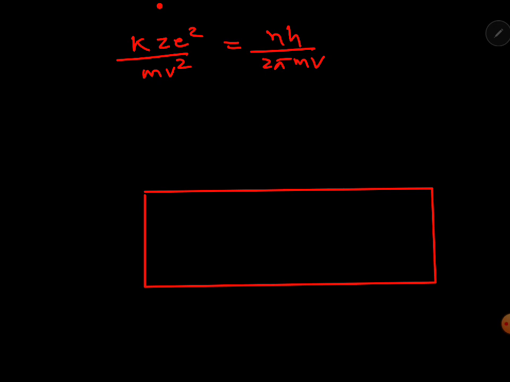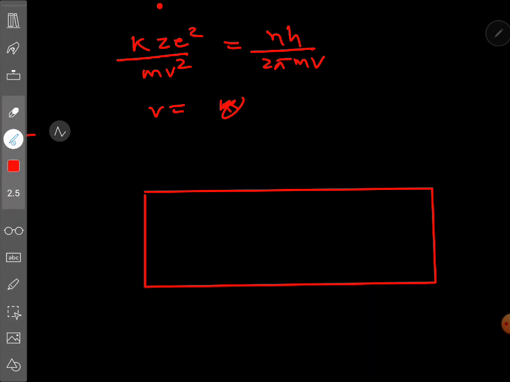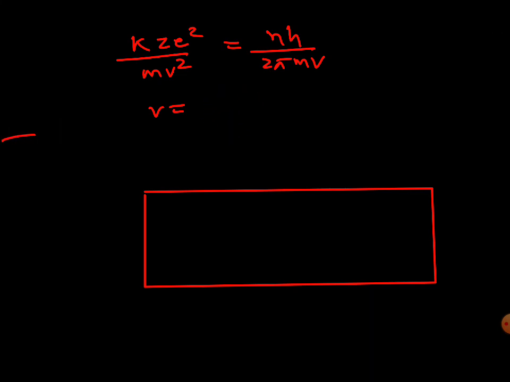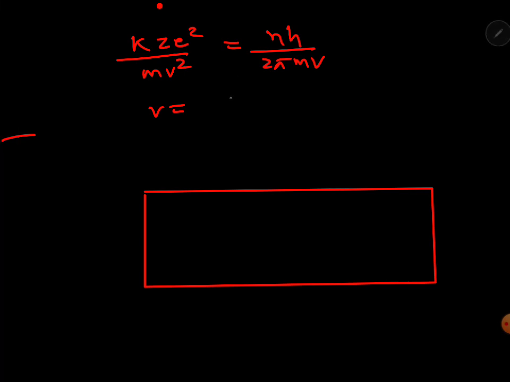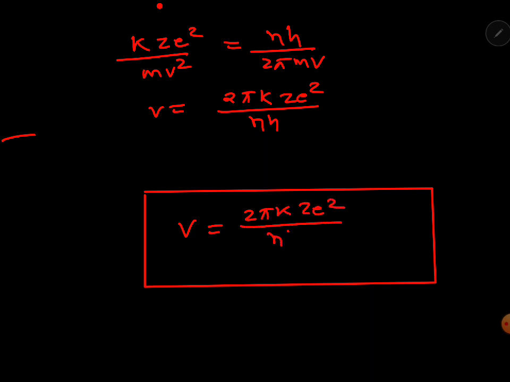From here we can get the velocity of the electron in that particular orbit. So v will be equal to 2π k Ze² upon nh.